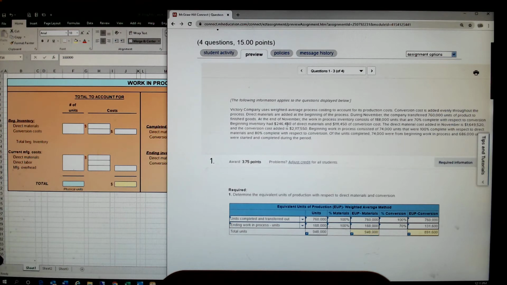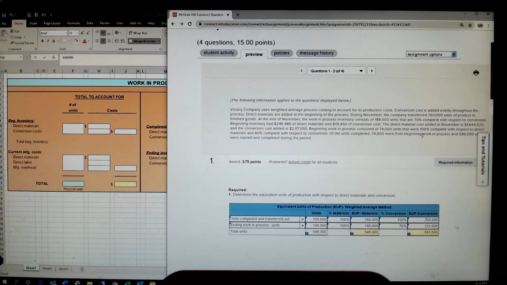It goes on to say down here that beginning work in process consisted of 74,000 units that were 100% complete with regard to materials, because materials are added at the beginning of the process, and they were 80% complete with regard to conversion costs. Of the units completed, 74,000 were from beginning inventory, and 686,000 were units started and completed.